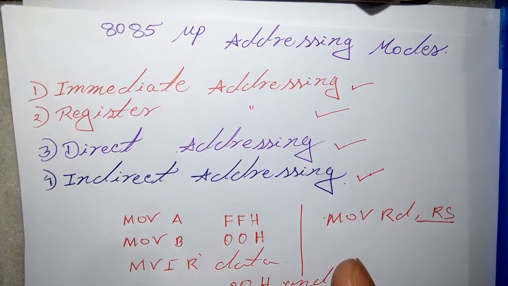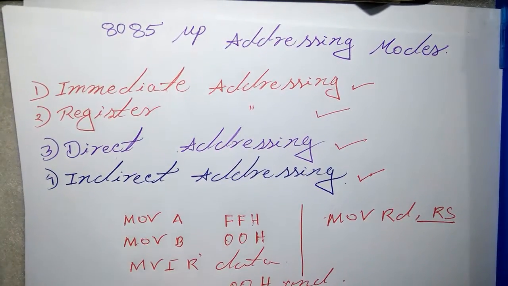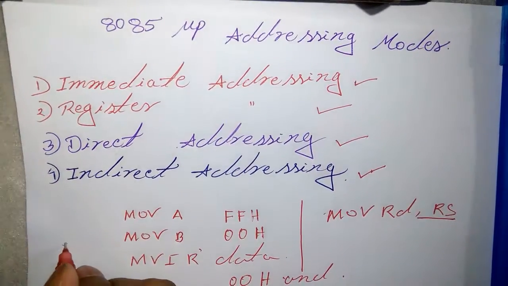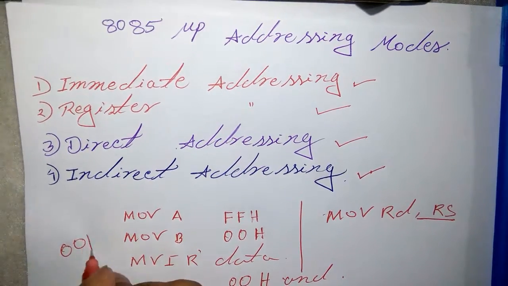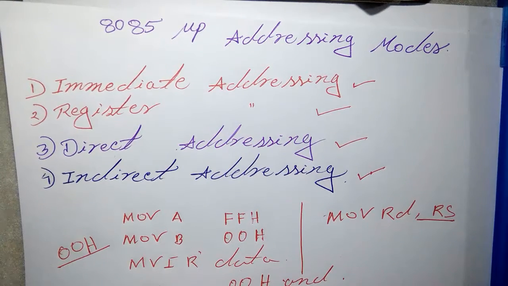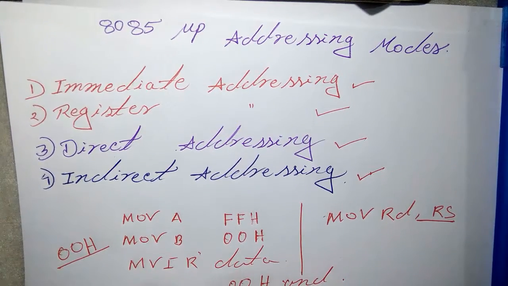To send data from the accumulator to the outside device, accept data from the port 00H and store it in the accumulator, or send the data from the accumulator to the port.